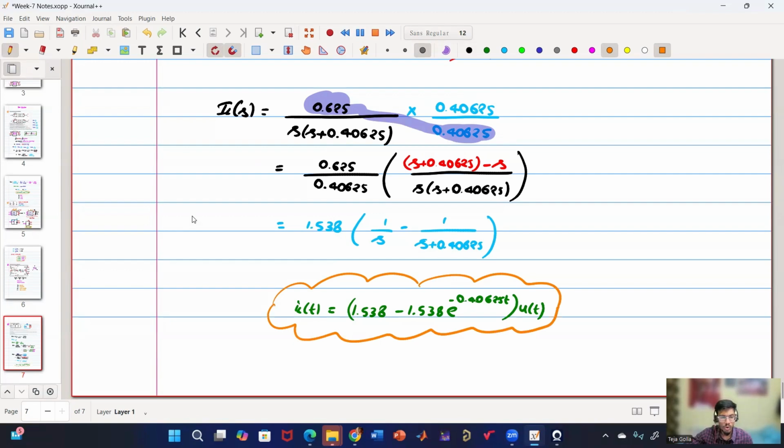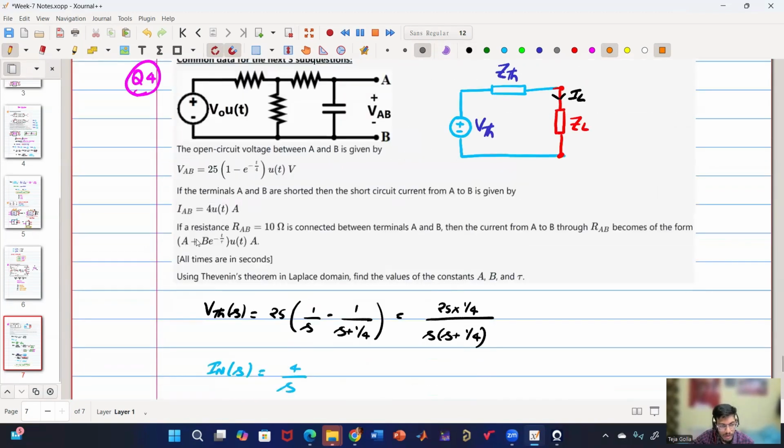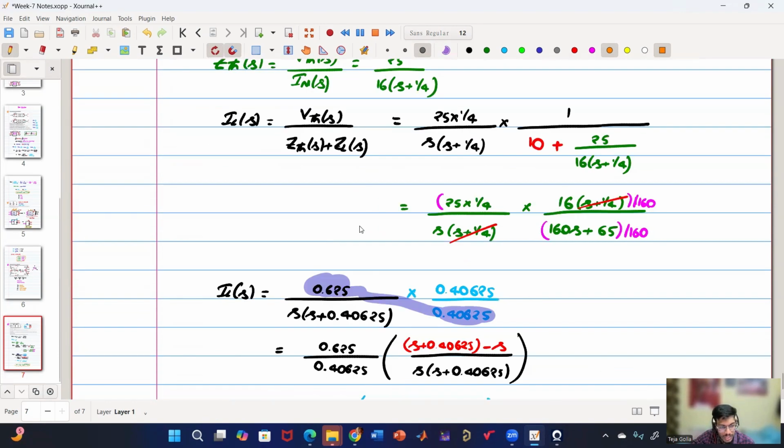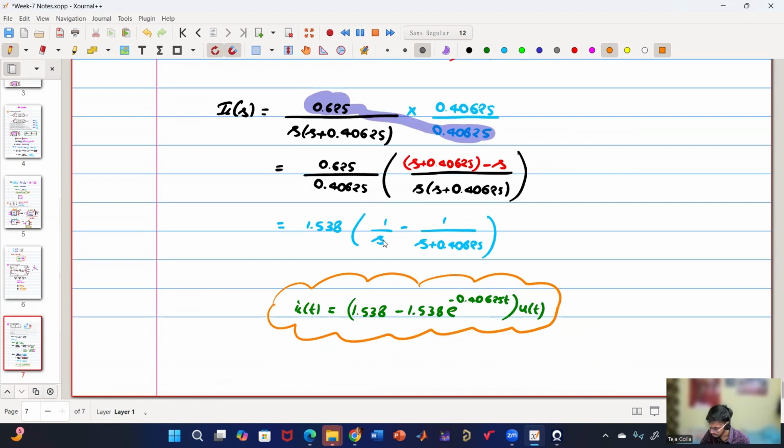Let us go and see what they have asked. They have given A plus B into e to the power minus t by tau. So A is this coefficient, B is this coefficient, tau is the time constant. What is A? 1.538, and B is minus 1.538. And tau is 1 by 0.40625.